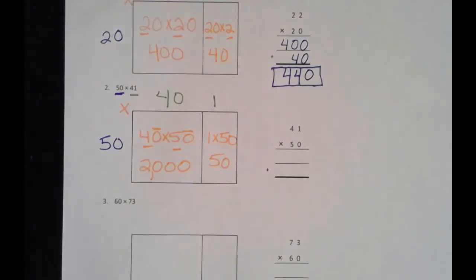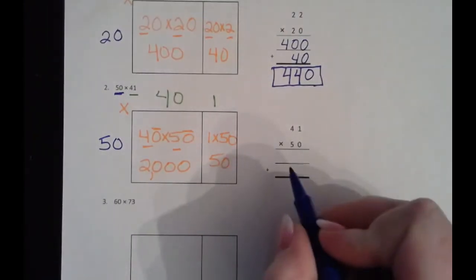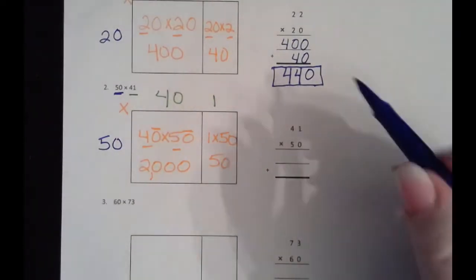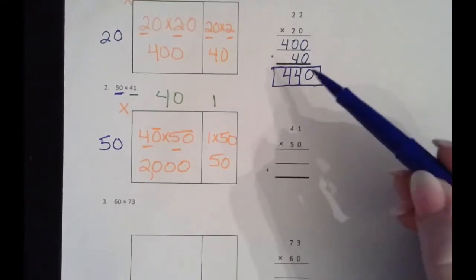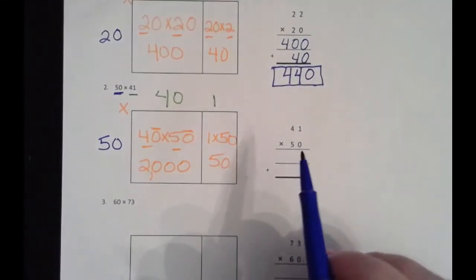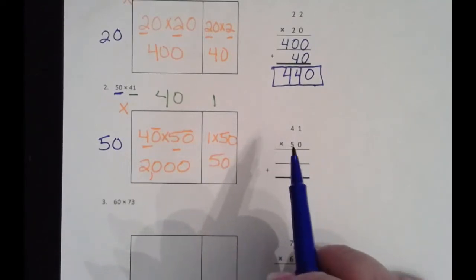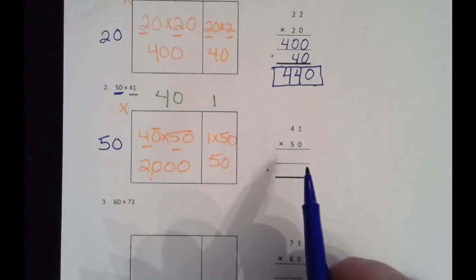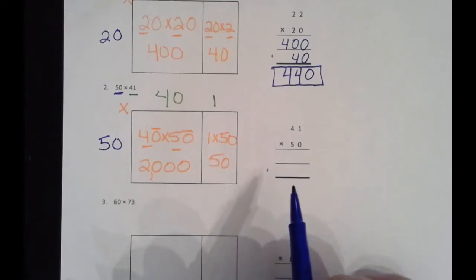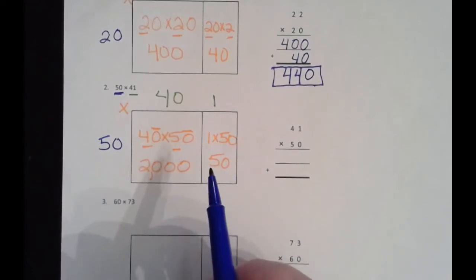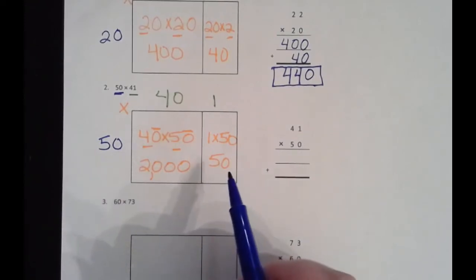Alright, and then just like we did above, we're going to add those partial products together. So we're going to have 2,000 and 50. Now up here, I just put the larger on top and the smaller on bottom. But when we multiply, we always start with our smallest place value. So let's get in the habit of not doing that. Really, the 50 times 1 is going to happen first.